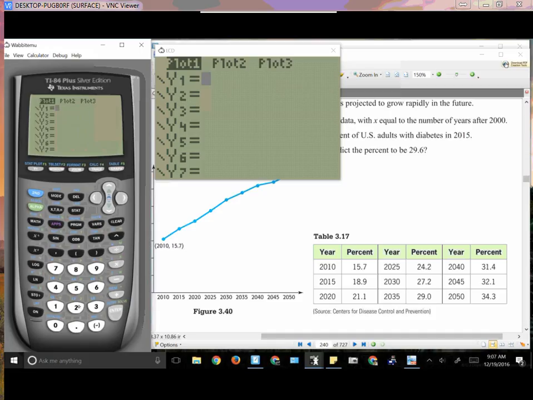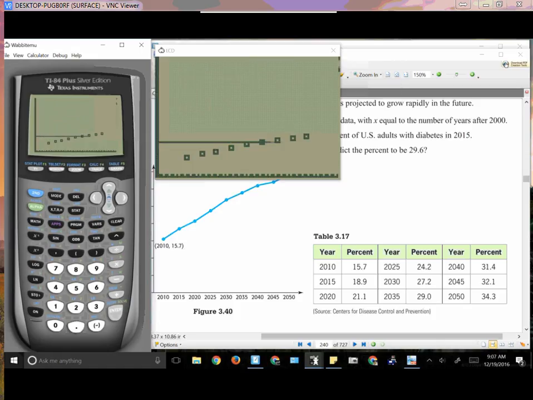Because I could put in 29.6, hit the graph, and I see that it's going through there. But my question for you is, does the data give us 29.6? Not really. I know it's going to be right around 2035, but that's 2035 and that's 2040, so it could be 2036. I don't know.